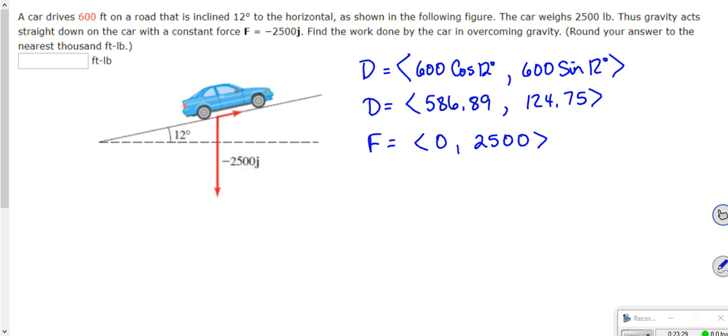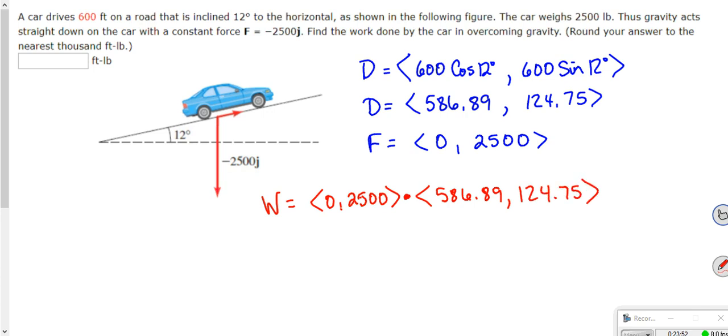So just keep that in mind. So your work, again, is force times distance. So 0, 2500 dot product 586.89, comma, 124.75. And again, dot product, we're taking the product of the I component plus product of the J component. Obviously, the first one is going to give us a big fat 0.